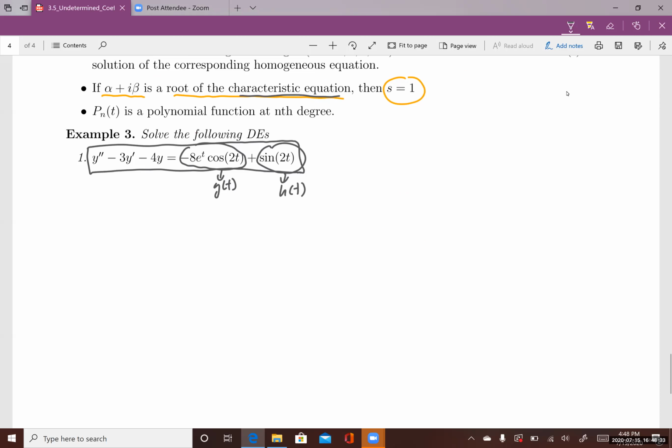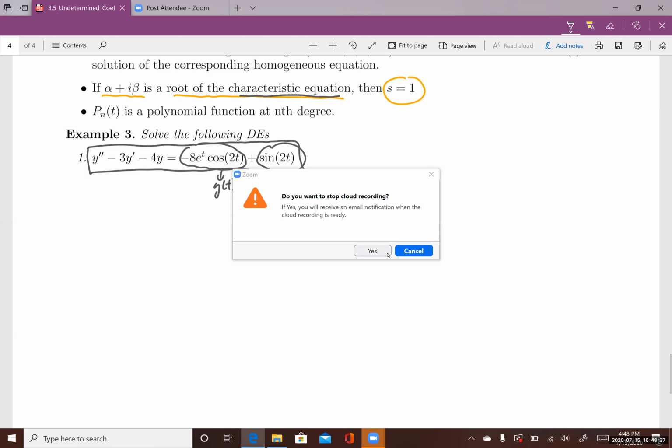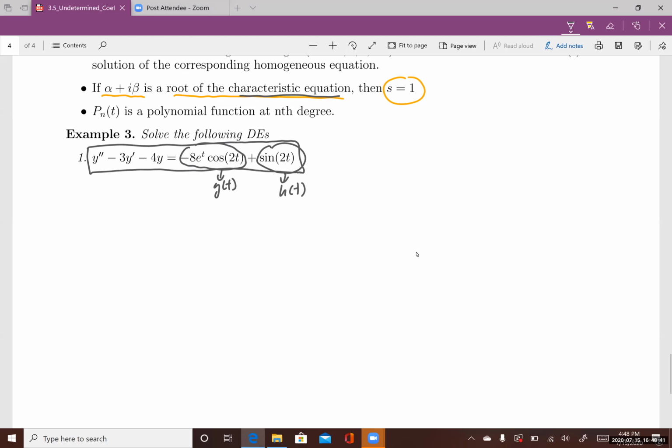First, always find the characteristic polynomial. Cp equals r squared minus 3r minus 4 equals 0. And then you have r minus 4 times r plus 1 equals 0. So then you have r equals 4 and r equals negative 1.